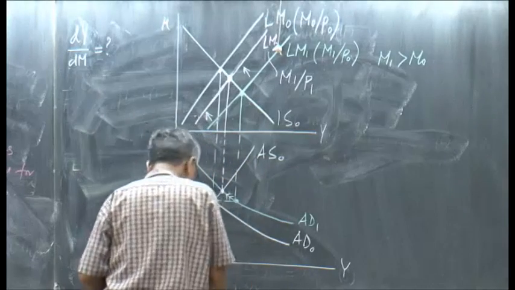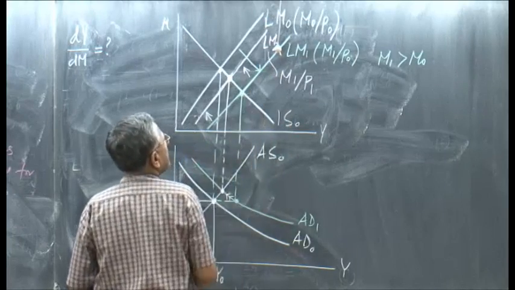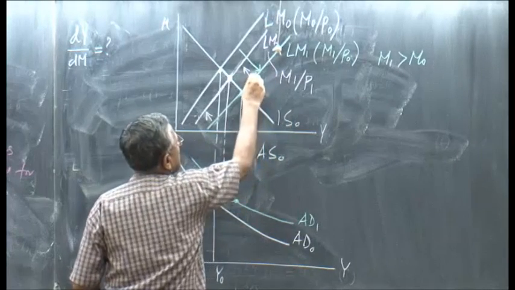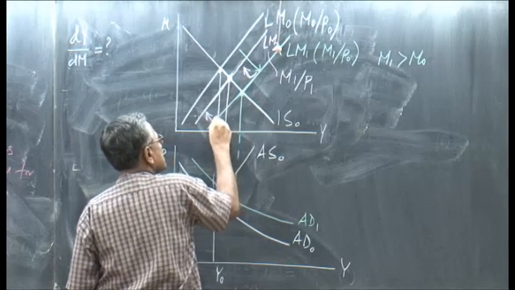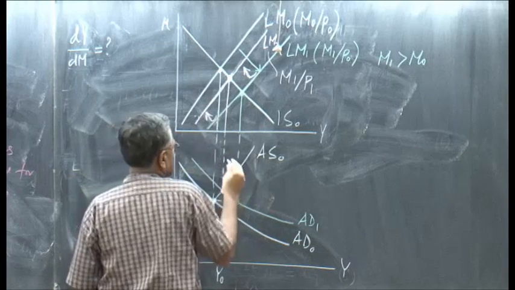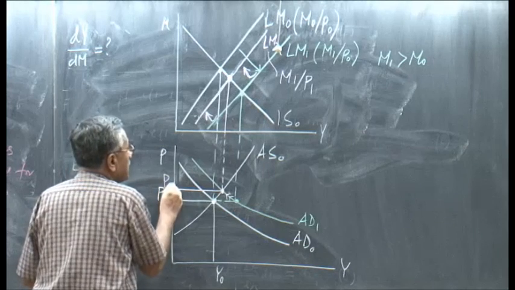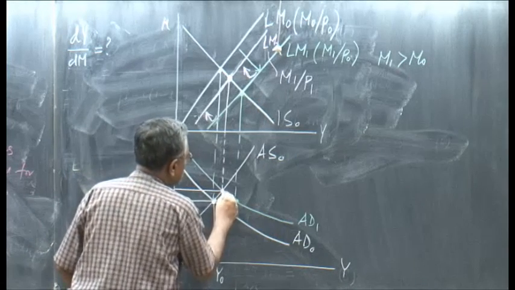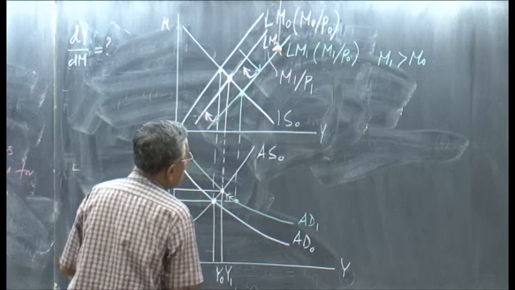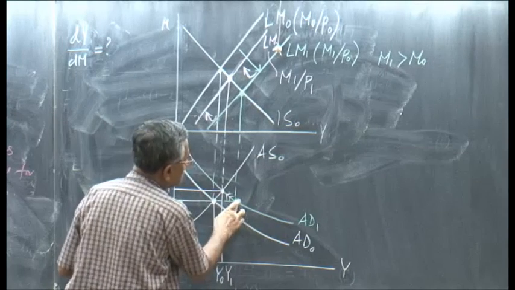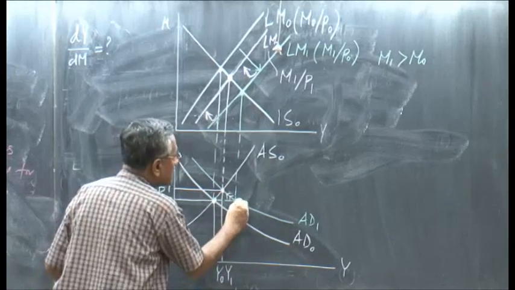So, first the green line shifted LM here, then it is going backwards. The LM curve is moving backwards, and you have a higher level of price now, P1, and of course some higher level of output, Y1, but you don't have the full potential of output up to the green line.